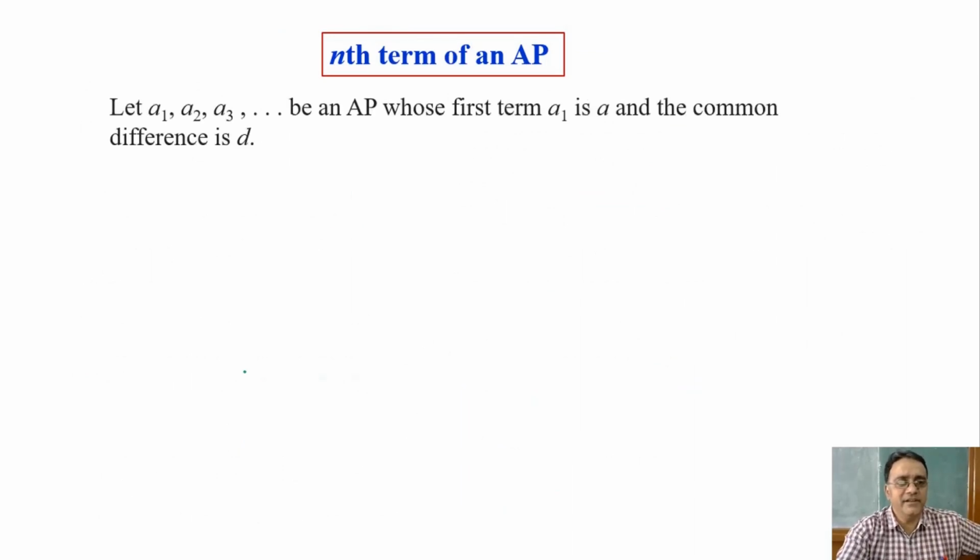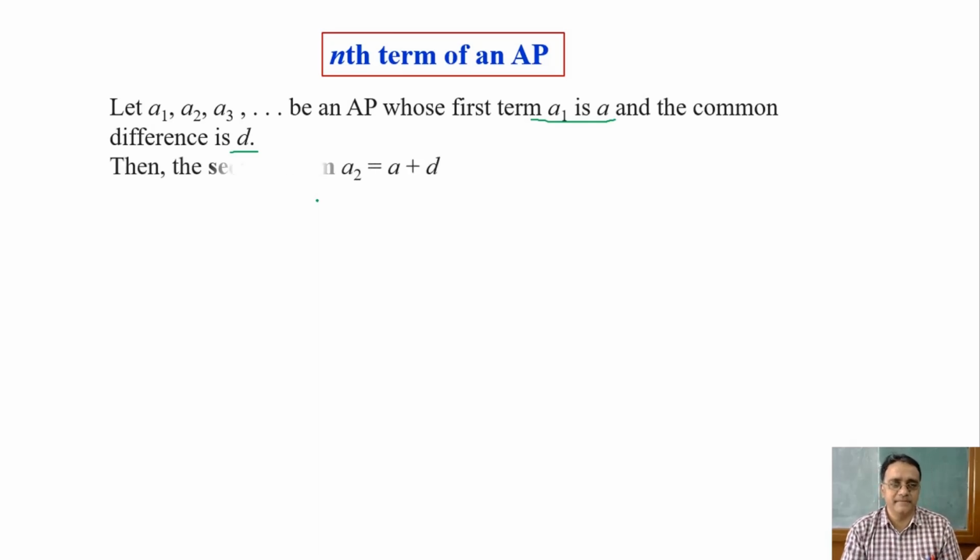So let A1, A2, A3 be an AP whose first term is A1, that is a, and the common difference is d. So how will you find the second term, A2? a plus d, by adding the common difference to its preceding term, that is a. So what is the coefficient of d here? 1. So we can write 1 as 2 minus 1.